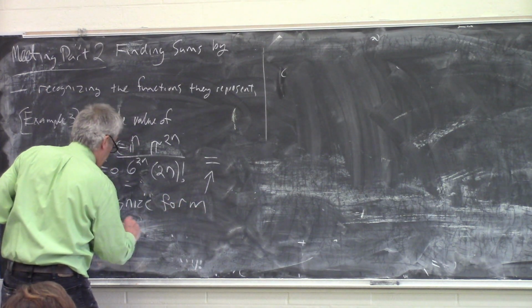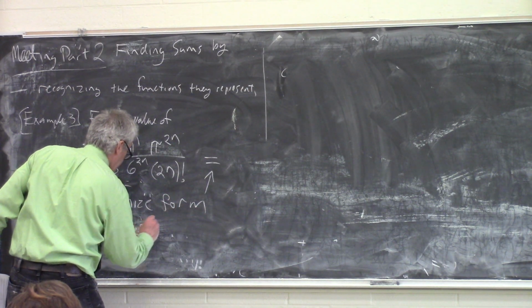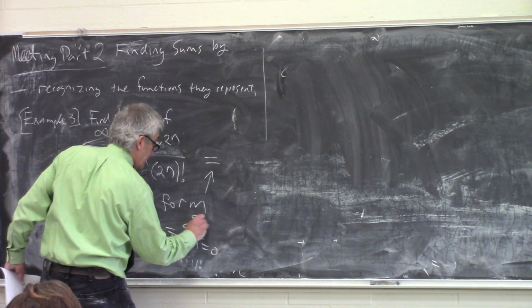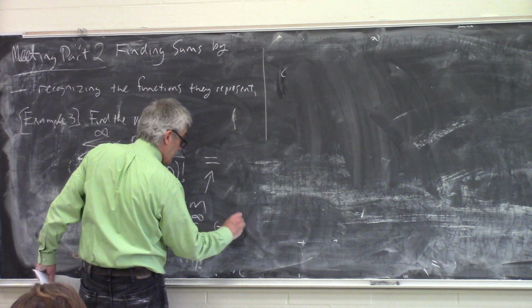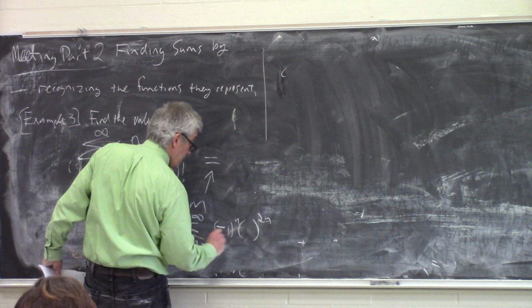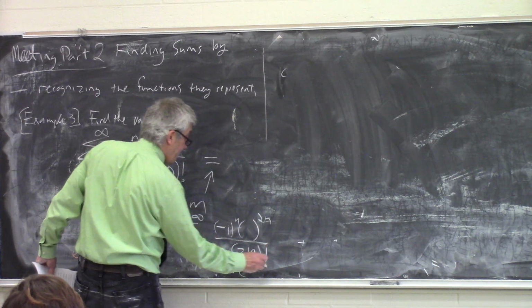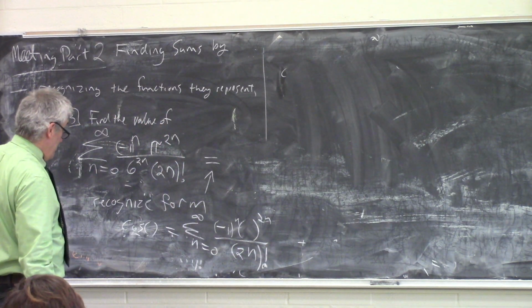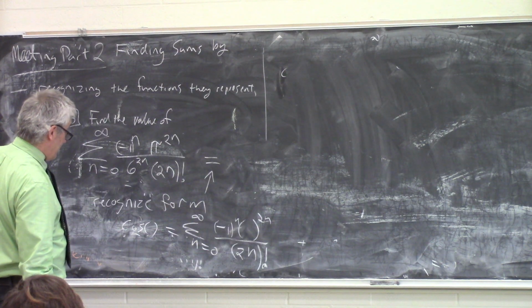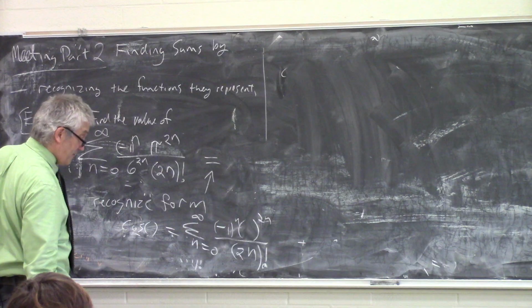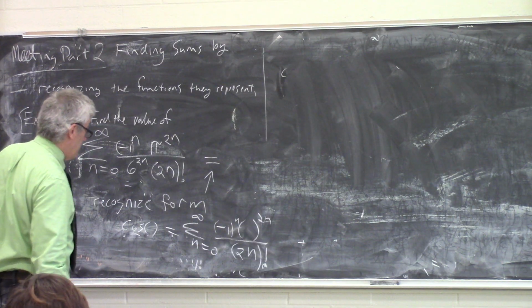So the form is cos of parentheses is the sum as n goes from 0 to infinity of (-1)^n, parentheses to the 2n over (2n) factorial. So that's the form that's at work here. So what Kinsey is suggesting is we want to put our sum into something that resembles that form a little bit better.